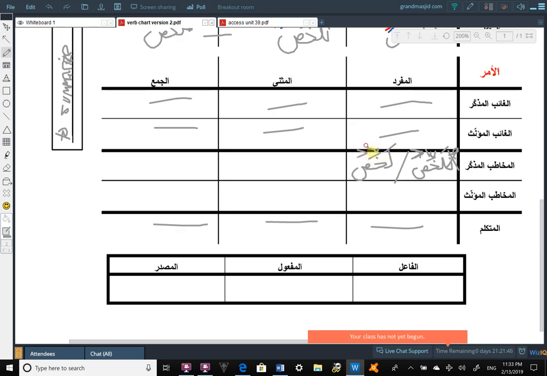And then here, lakhisa. And here, lakhisu. And here, lakhisi. Lakhisa. And lakhisna.